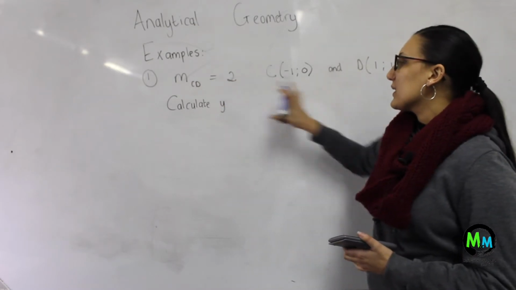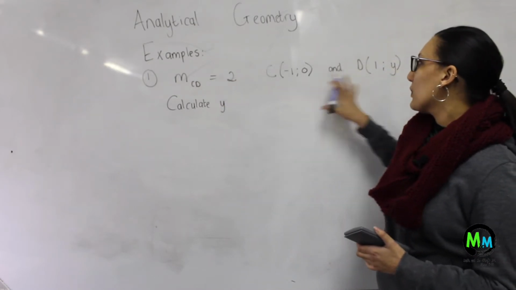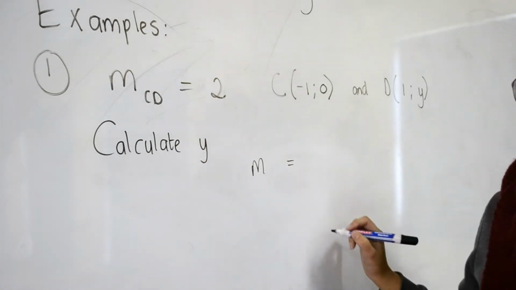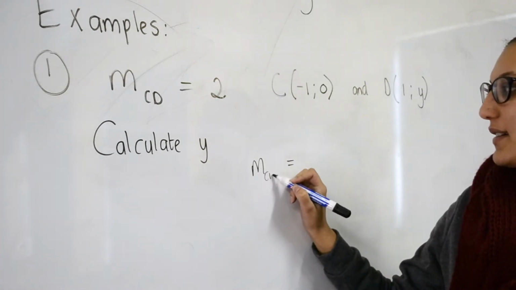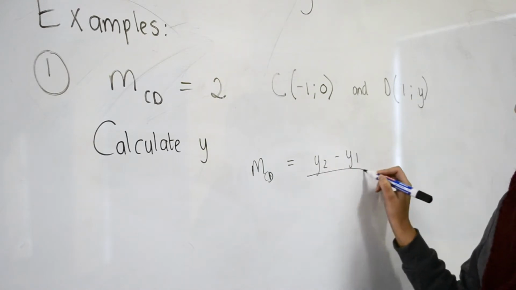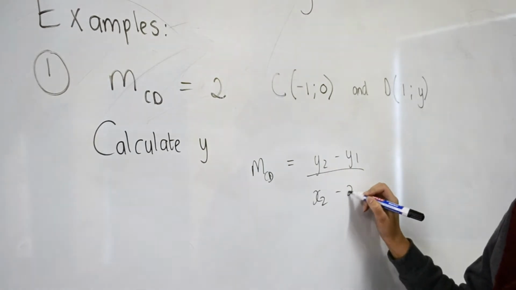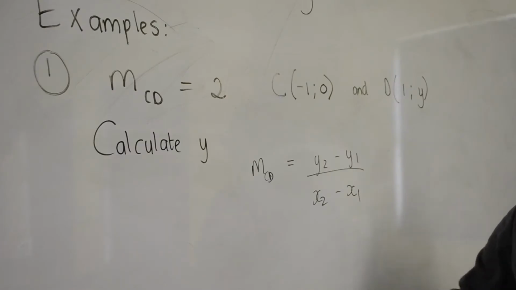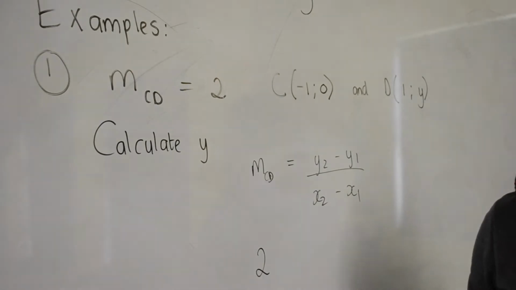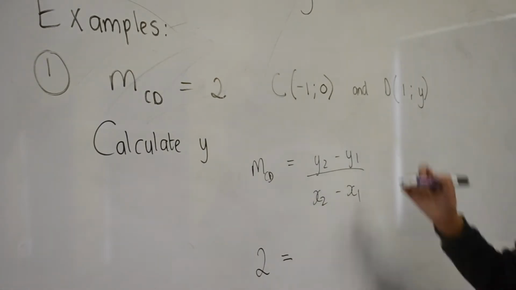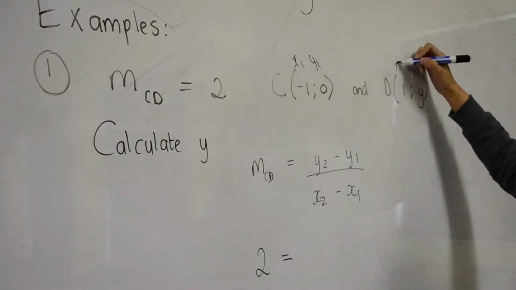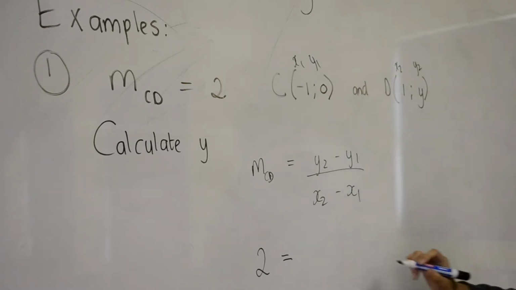So if we know the gradient and we have one point and another partial point, we can use the gradient formula: m of CD is equal to (y2 minus y1) over (x2 minus x1). I know the gradient is 2, so I'm going to fill in 2 on the left-hand side. Let's make that x1, y1, x2 and y2.